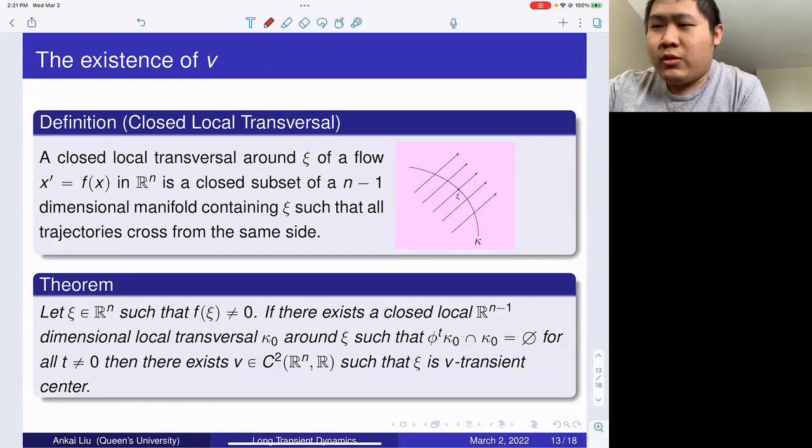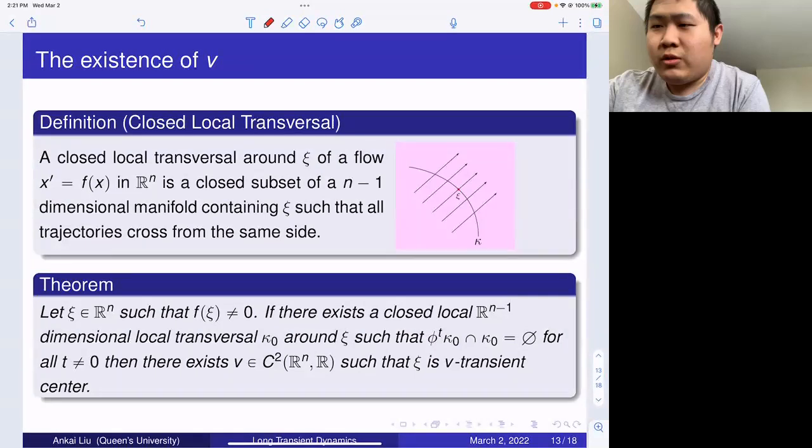So now let's shift gears to another question: given a psi and given a dynamical system, can you find a V such that psi is a V transient center? In fact, the answer is yes, given some extra conditions.